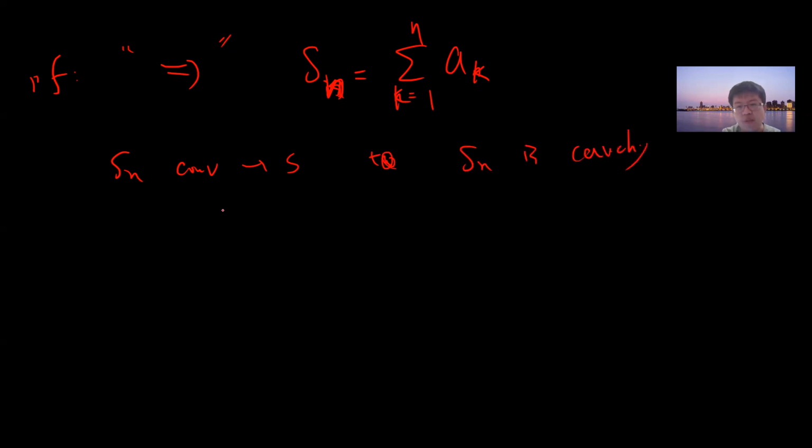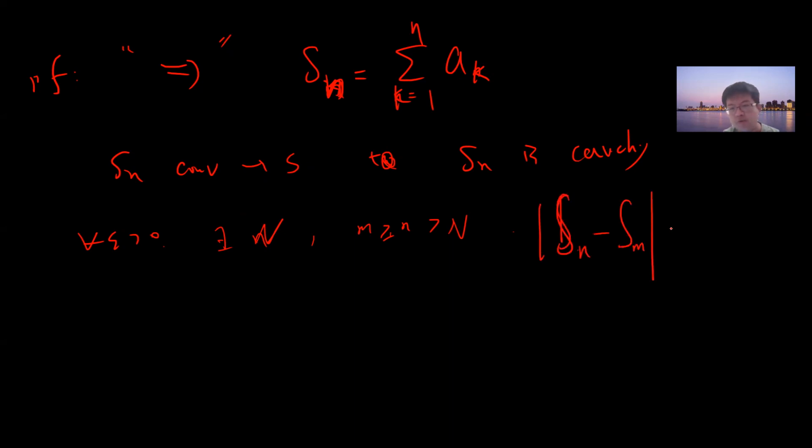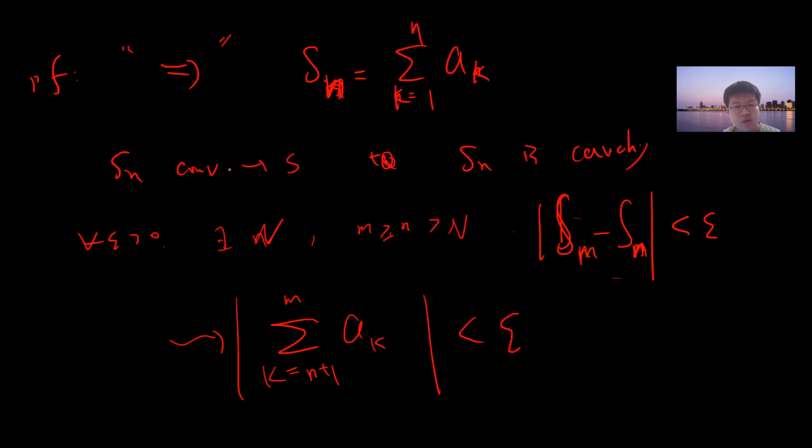So for epsilon greater than 0, there is an N such that when m and n are greater than N, the difference |S_m - S_n| is less than epsilon. But by definition, it's just the partial sum, so the difference is basically the sum of a_k from n + 1 to m, with an absolute value. You can shift this a little bit and you get this. So this direction is trivial.